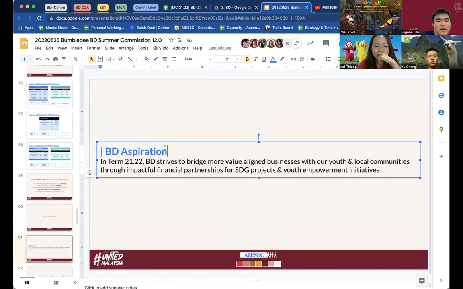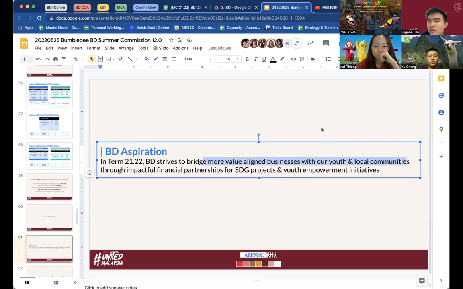This part is my BD aspiration when I started my term, what I foresee. BD strives to bridge more value-aligned businesses with our youth and local communities. I mentioned this a lot: we don't simply find partners, you don't find them from the rubbish bin.